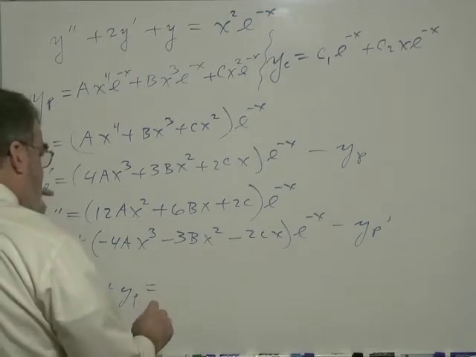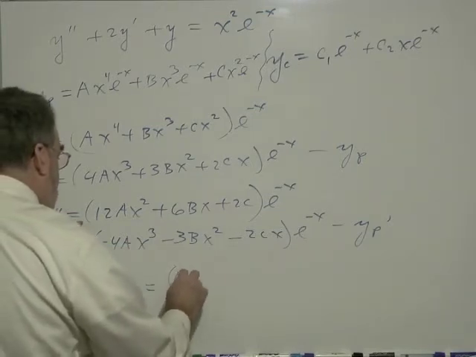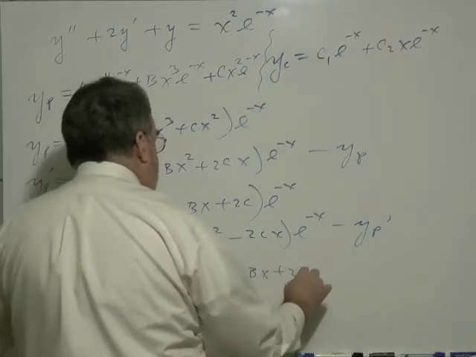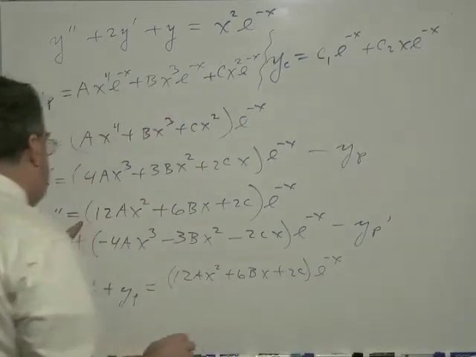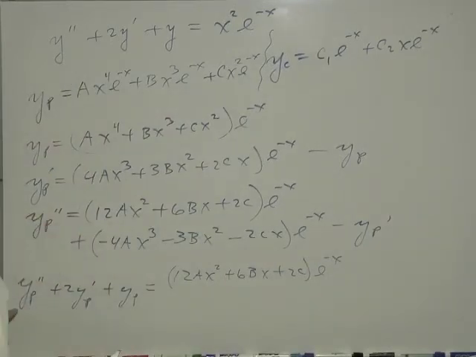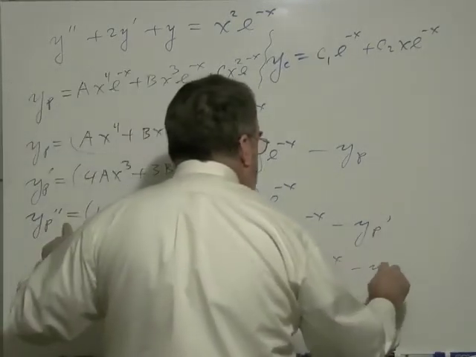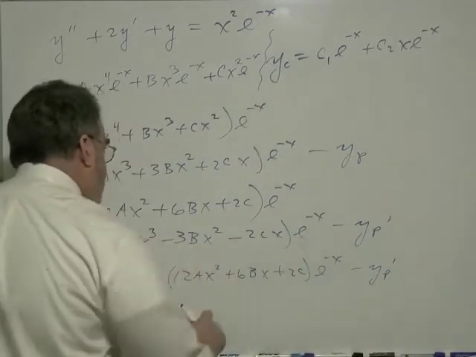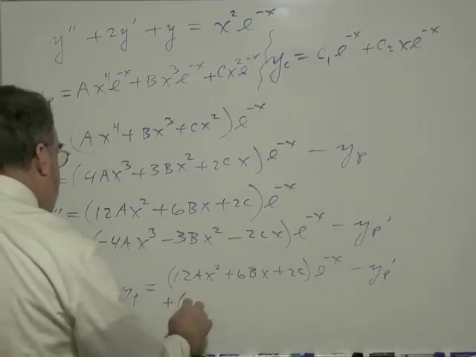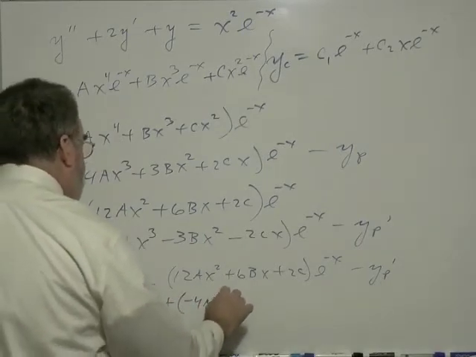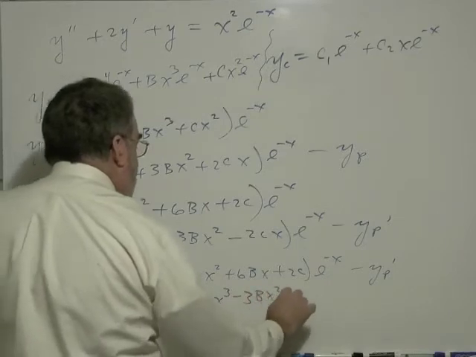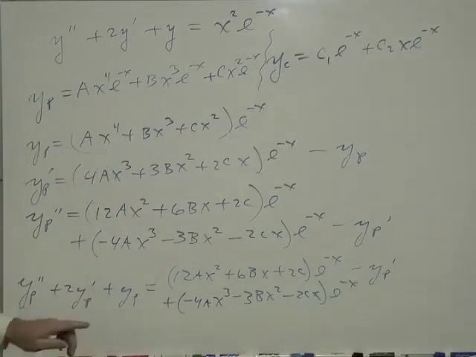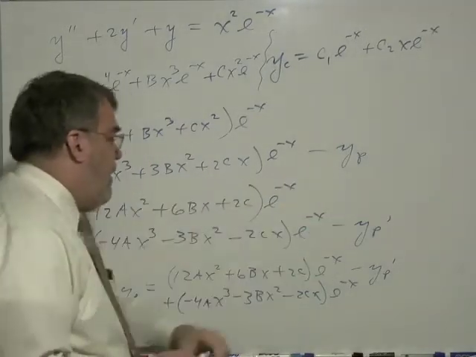Alright, so we have 12a x squared plus 6b x plus 2c times e to the minus x, and minus y particular prime, and then I have to fit this in, plus minus 4a x cubed minus 3b x squared minus 2c x times e to the minus x, plus 2 times y prime.